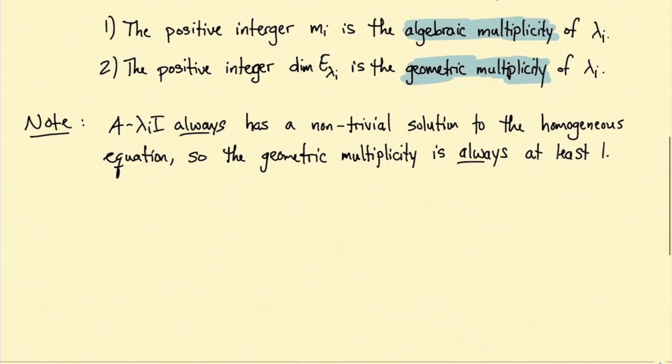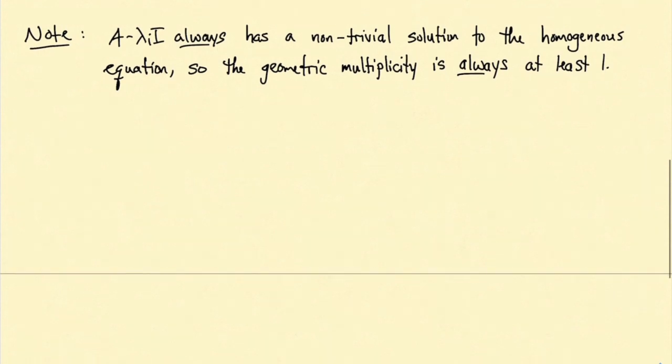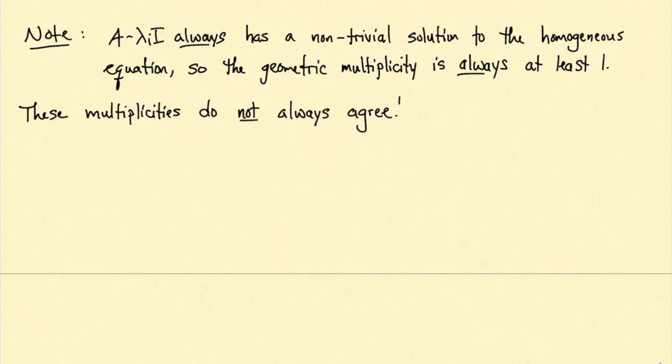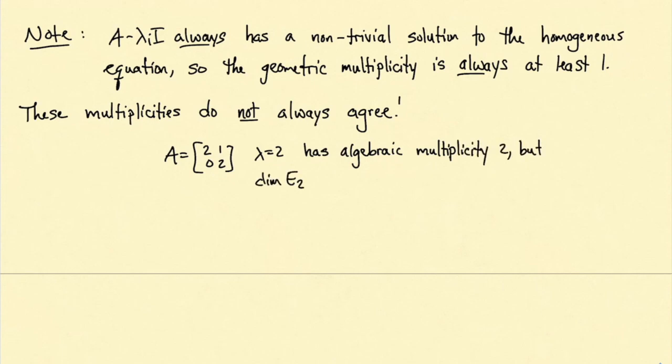Now, our examples from last time tell us that the algebraic and geometric multiplicities do not always agree. As we saw with the matrix A, with columns [2, 0] and [1, 2], the eigenvalue 2 has algebraic multiplicity 2, even though the geometric multiplicity is 1.